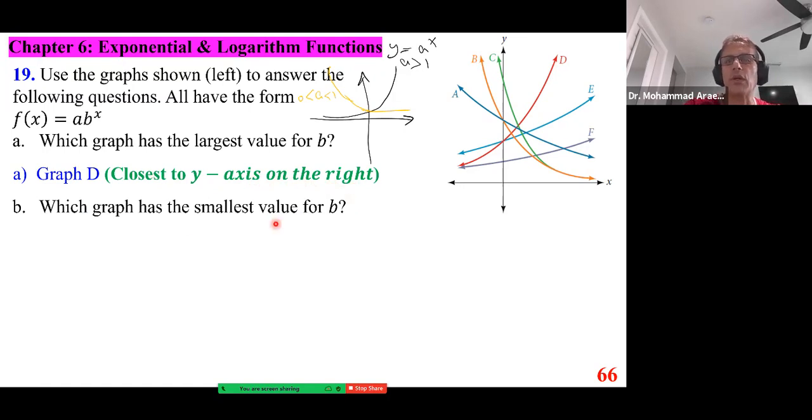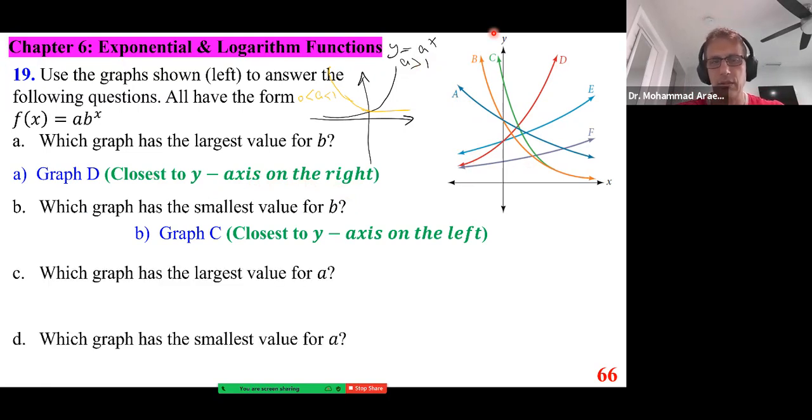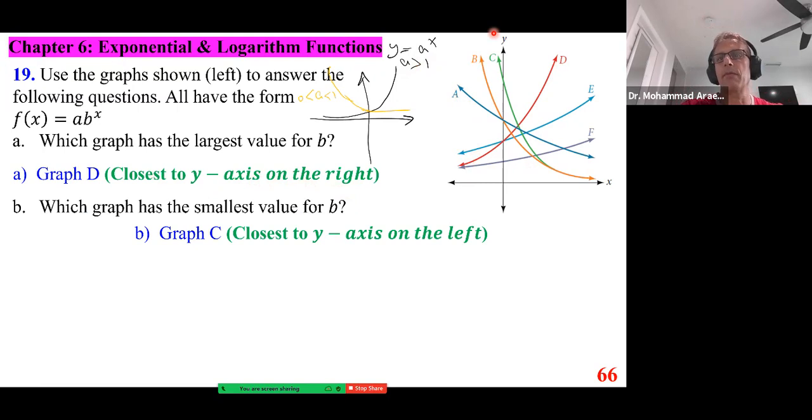Which one is the smallest one? When we go here, in essence, they become, you can think of them as getting smaller and smaller as they become closer and closer. So closest to y-axis on the left, C. Okay, so there are several of those. C is closest to the y-axis.